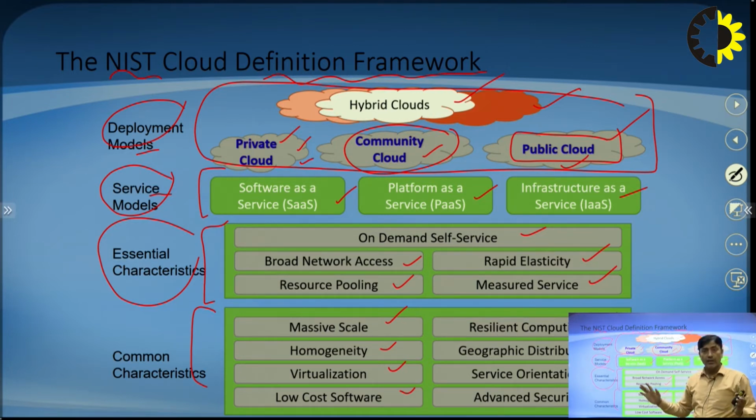Okay, but basically we are talking here about the basic categories of the services, which are defined in three categories, and that is also defined by NIST. Okay, and that is software as a service, platform as a service and infrastructure as a service.